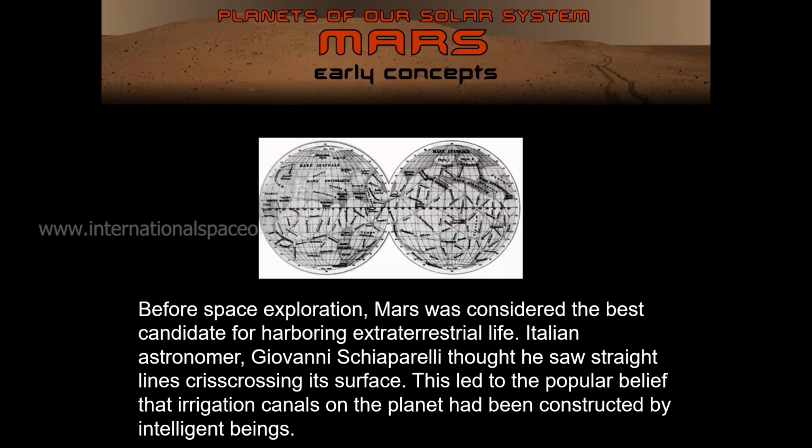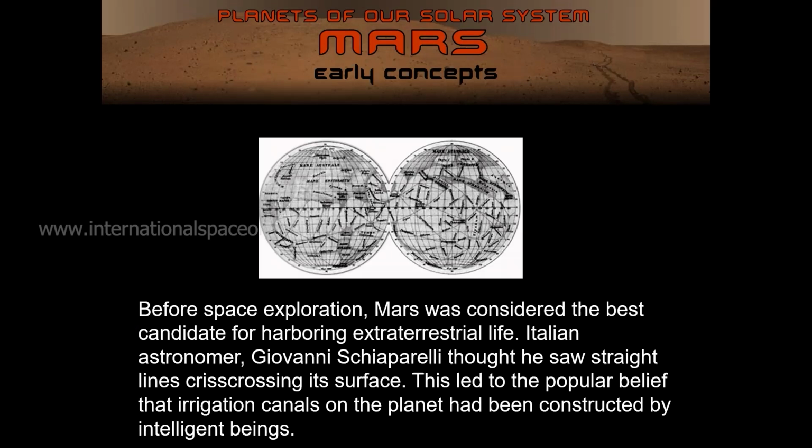Now, before space exploration, we didn't know Mars much, right? So when we looked through the telescopes, we saw arranged channels, and we thought that they were water canals and irrigation canals, etc. So there was this common misconception that there was life, that too intelligent life, on Mars.